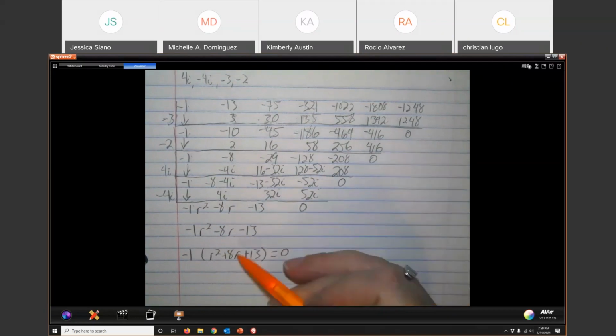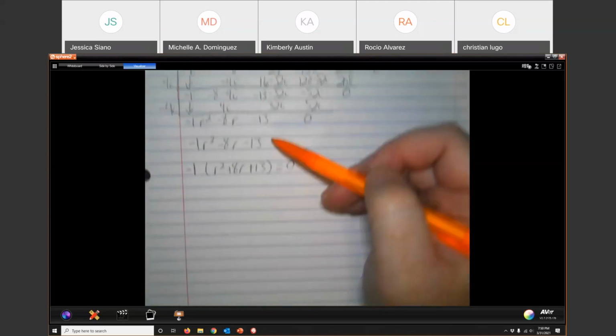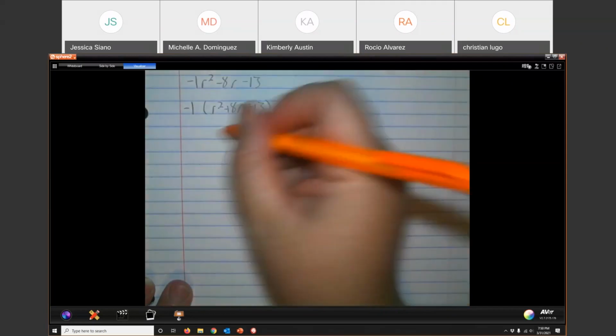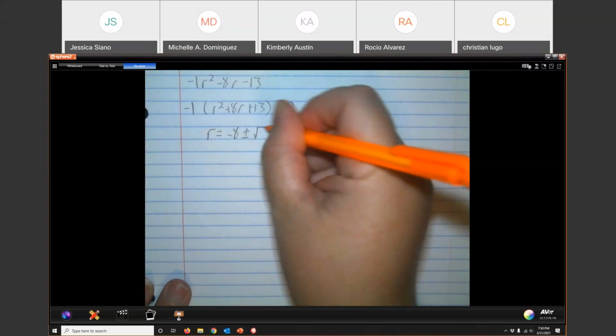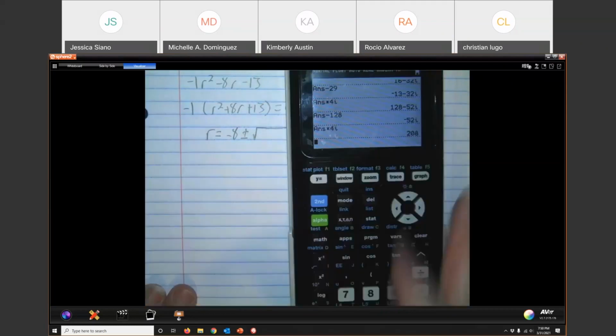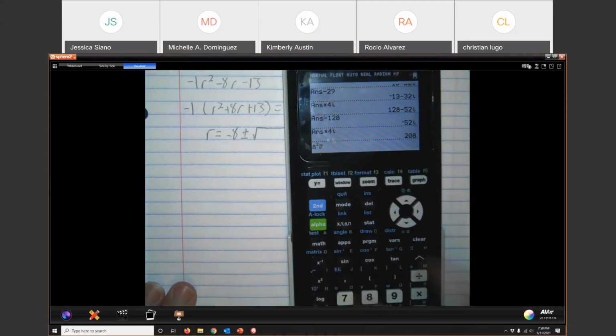And I'm going to do the quadratic formula on r squared plus 8r plus 13. So then r would equal a negative 8 plus or minus the square root of 8 squared minus 4 times 1 times 13. Negative 13. No, positive 13.